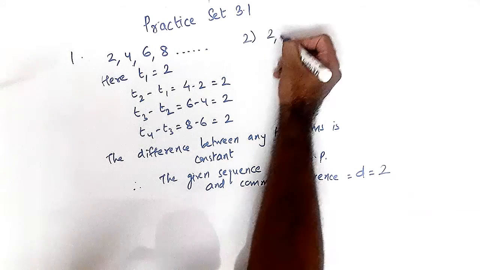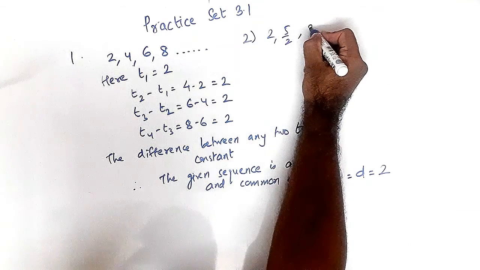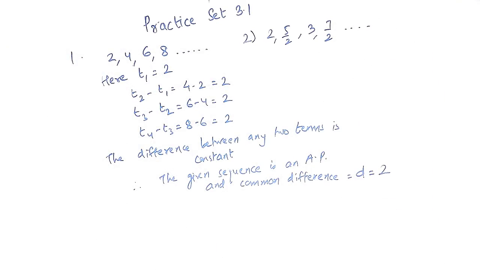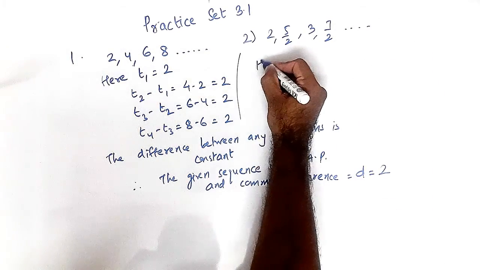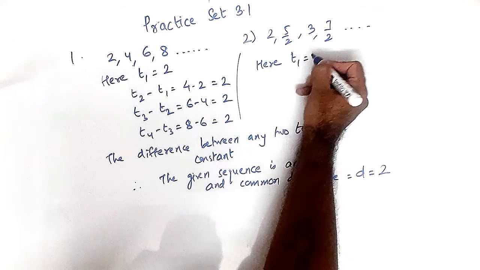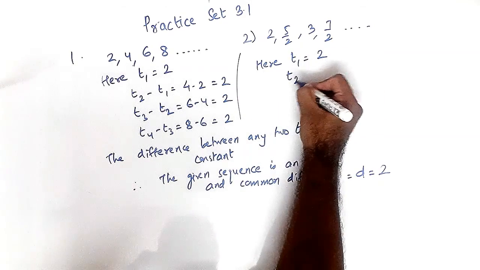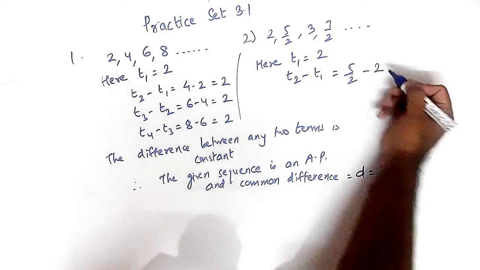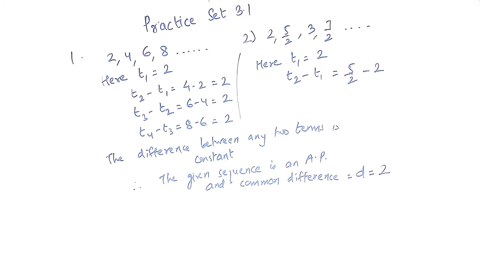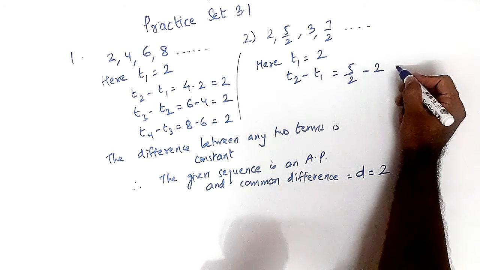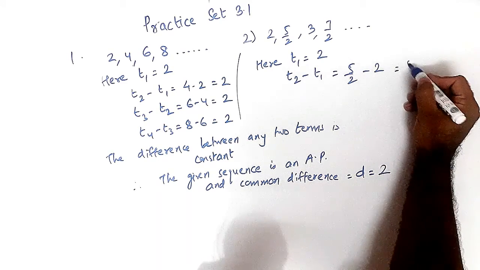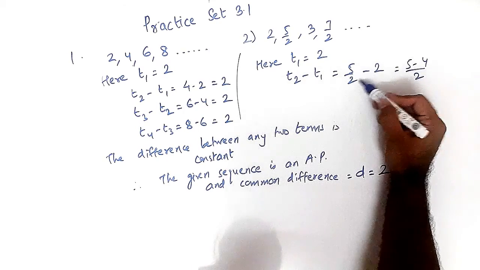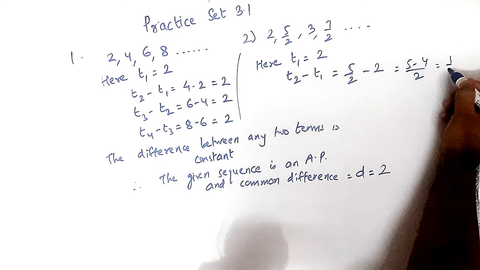Second one is 2, 5 by 2, 3, 7 upon 2, and so on. Again I'll write here T1 equals 2, T2 minus T1 equals 5 upon 2 minus 2, which is equal to, cross multiplied, 2 2s are 4, 5 minus 4 is 1, so this will be half.